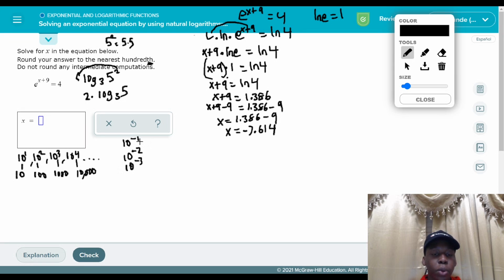When we have an exponent with a negative, it's the same as dividing 1 by that power of 10. 1 divided by 10 equals 0.1. 1 divided by 100 equals 0.01. 1 divided by 1,000 equals 0.001.